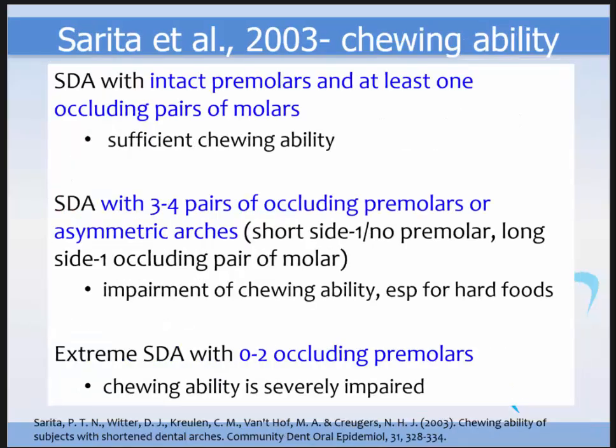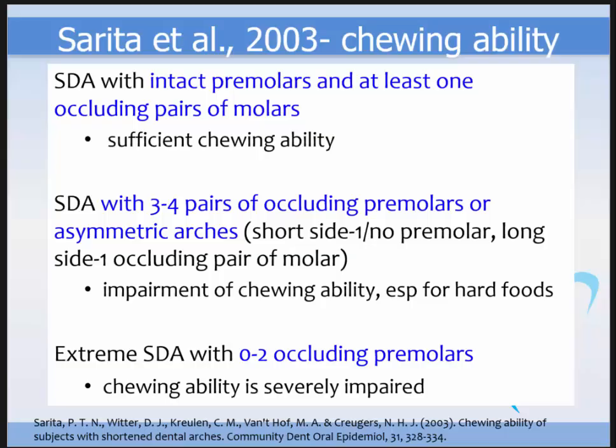Sarita also looked at the chewing ability among the SDA patients. In Sarita's research, it was noticed that SDA patients with intact premolars, means you have at least 5 to 5 and also at least 1 occluding pair of molars, this is enough, or this could be sufficient. Patients of this group have sufficient chewing ability.